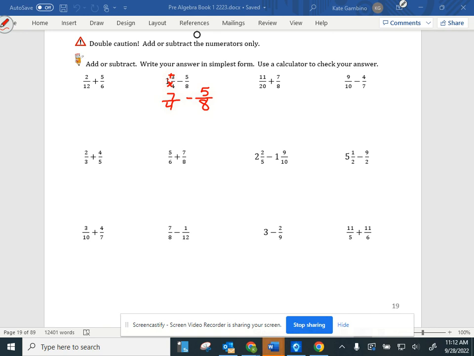So what would be my common denominator, Evelyn? 8. So in order to get my 4 to be an 8, I need to multiply it by 2. So whatever I do to my denominator, I do to my numerator. And then that is already an 8. So now 14 minus 5 is not 6. 14 minus 5 is 9 eighths. Then I said I'd be okay if you left it improper, or you could switch it back to being proper, make it a mixed number.